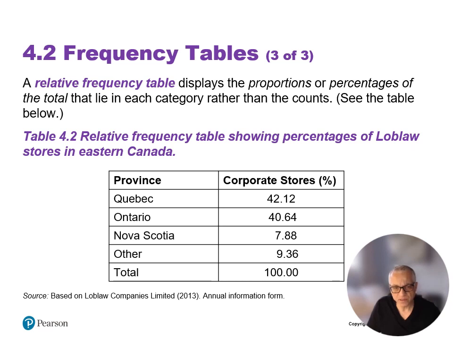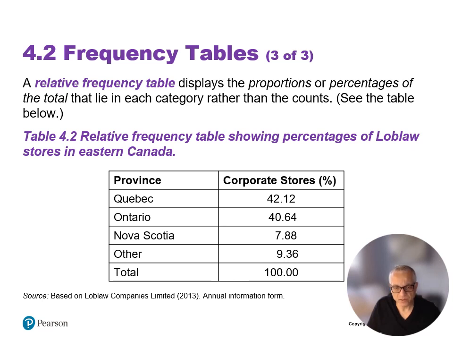You can see Ontario: the previous table showed that Ontario had 165, which accounts for 40% of all branches that Loblaws has in Canada.